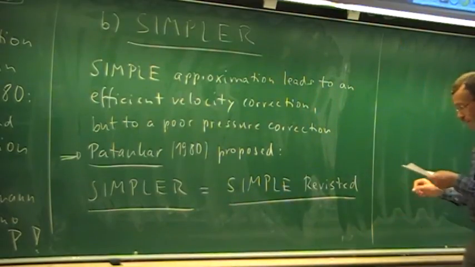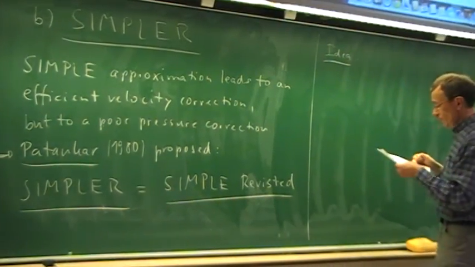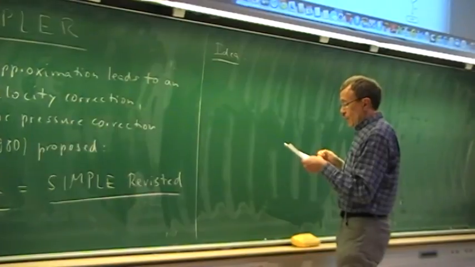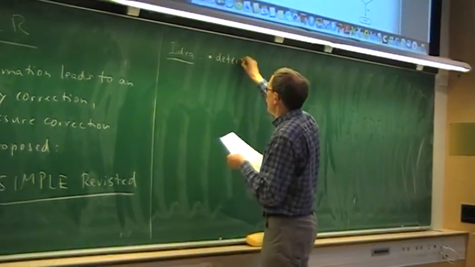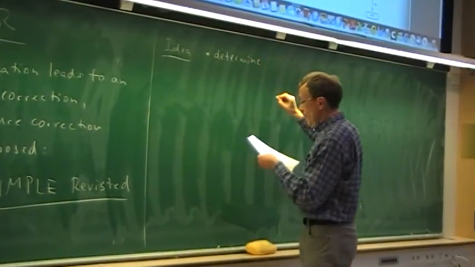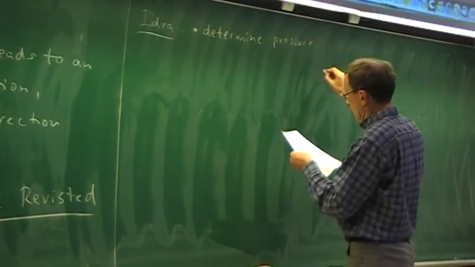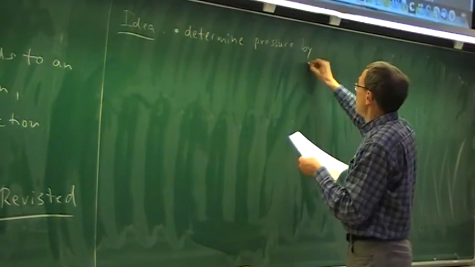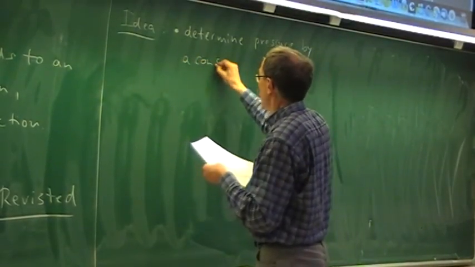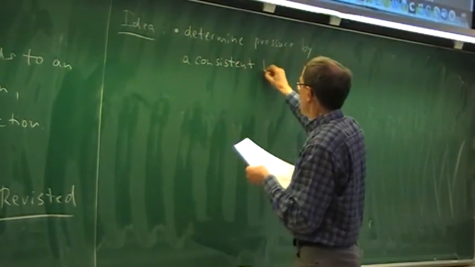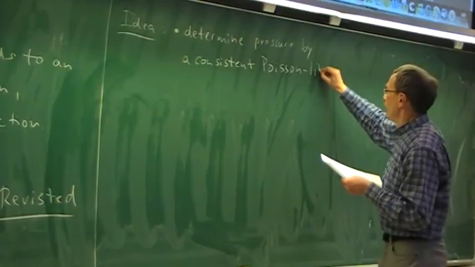The idea is the following. We determine the pressure now not by a pressure correction equation, but by a consistent Poisson-like equation. So it's like a Poisson equation.